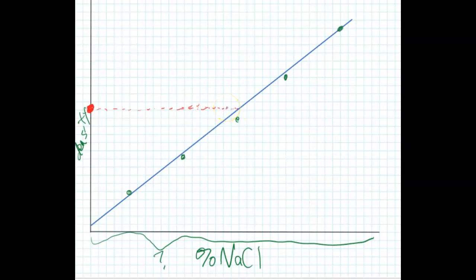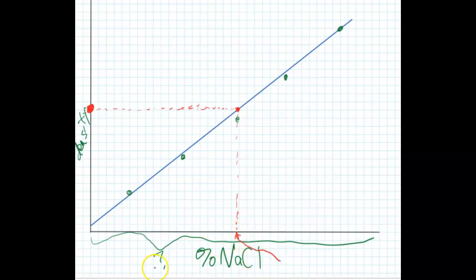Can't see the ruler that I'm using, and it hits this line, and I'm going to draw a line down. So what that tells me is that this y value corresponds to this point on the line, and if I drop the line down, this is the percent NaCl that I have.